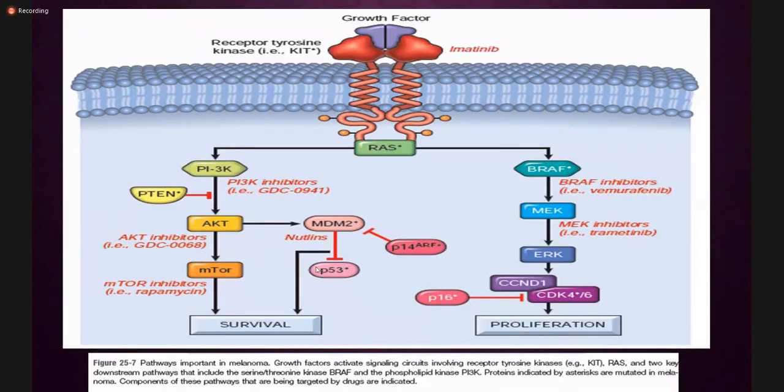And as you know, P53 is the guardian of the genome, and it protects the cells.